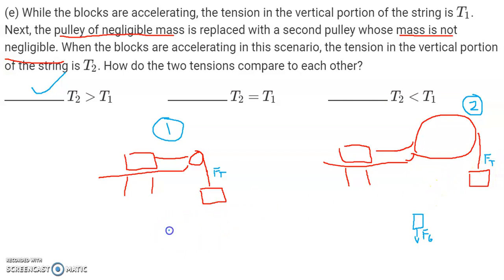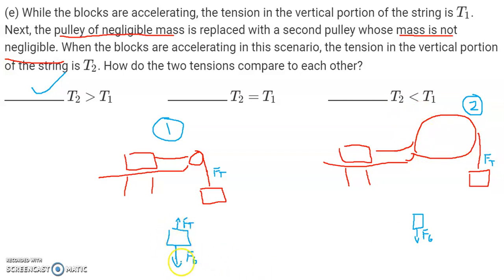If you think this is the free body diagram for the first one, the force of gravity is larger than the force tension. That's why it would accelerate. How do I get this to go slower? Making this really heavy would make this system accelerate slower because there's this massive object we now have to move. So how do I make this slower?